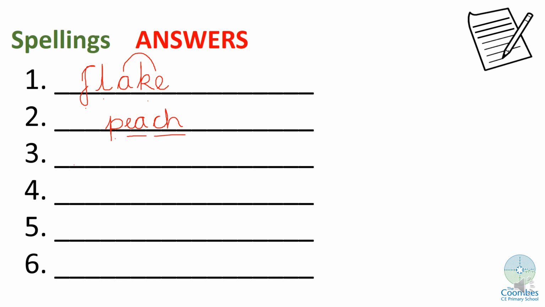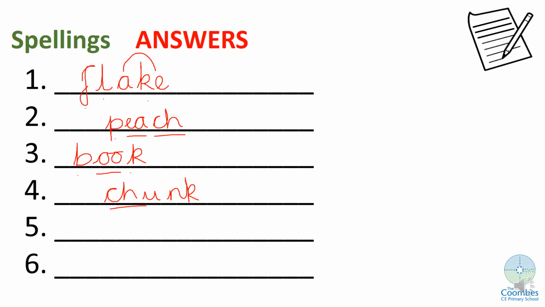Number 3 was book. B, oo, k, book. And sound buttons, b, oo, k, book. Number 4 is chunk. Ch, u, nk, chunk.